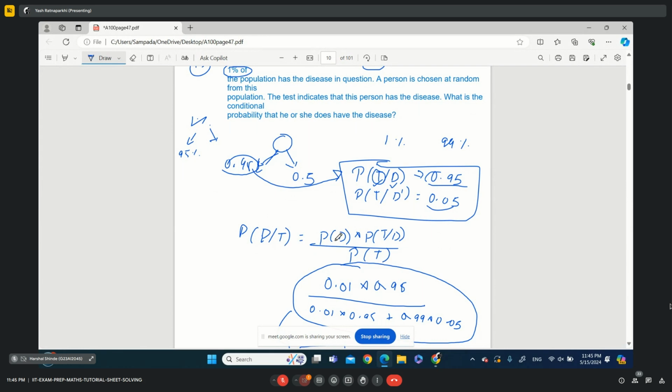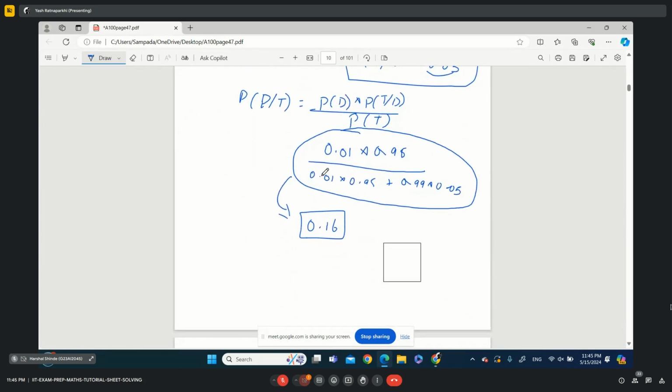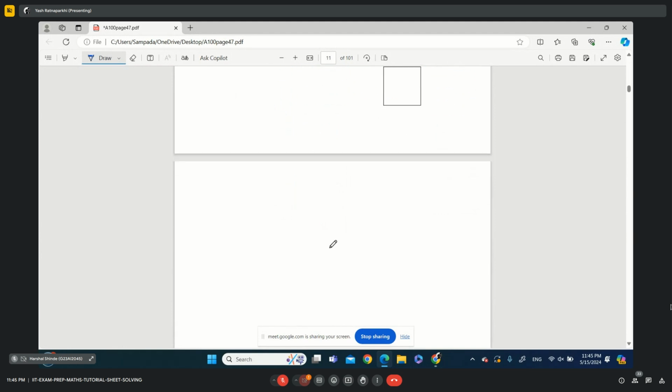So probability of D, that is the probability of diseased person, is 0.01, 1%. Probability of T given D is 0.95 and probability of total is D into T given D, and probability of not D into probability of T given not D. ये अगर मैं सॉल्व करूंगा तो मेरा 0.16 आ जाएगा.